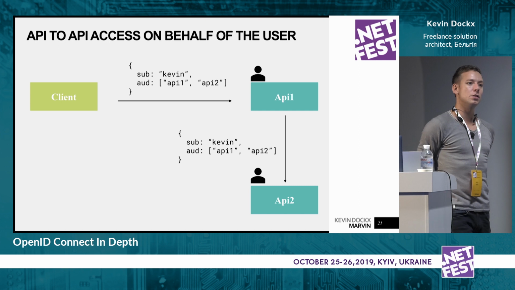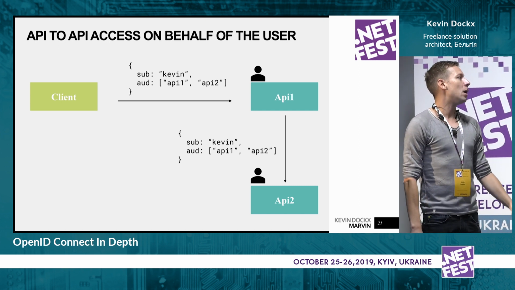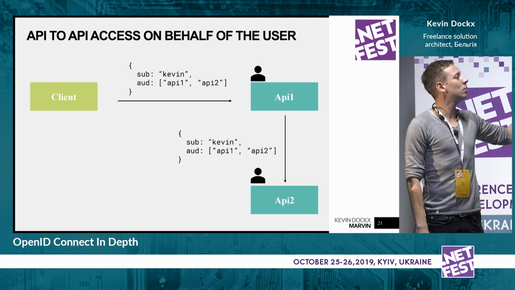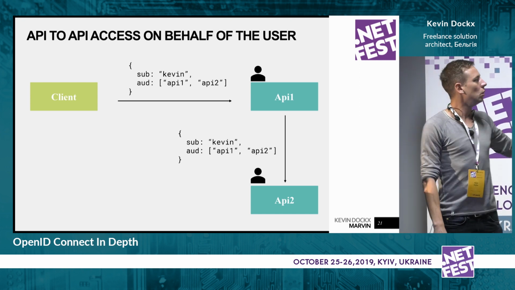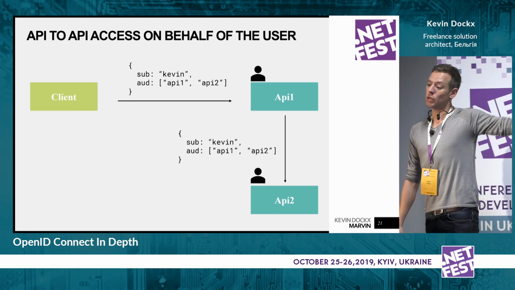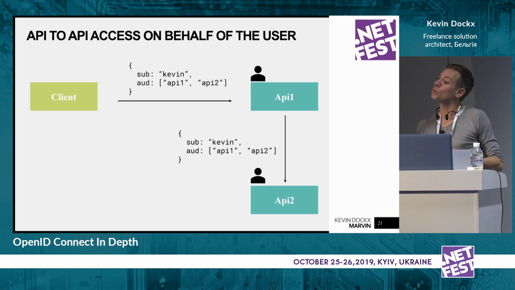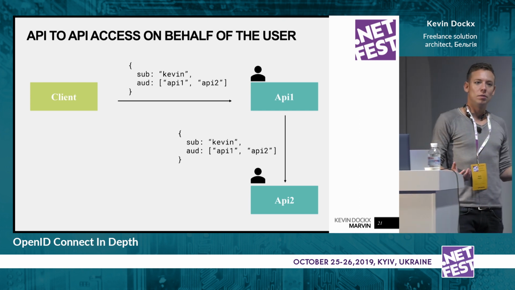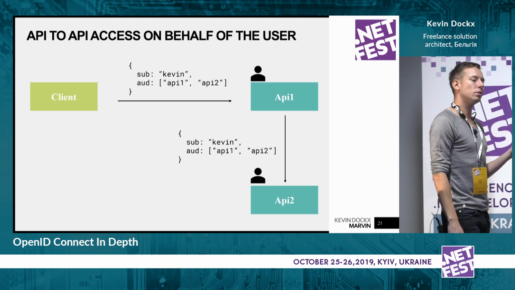It's a problem that can easily be solved. Simply ask for an additional scope at the level of your client, so API 2 is included in the audiences and scopes list. That same token can be used to access API 1 and API 2. So API 2 now knows who I am again. But this often really isn't what you want.